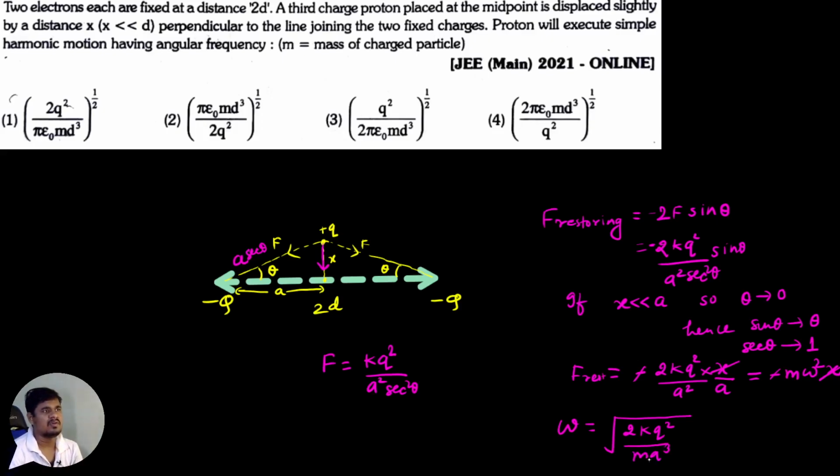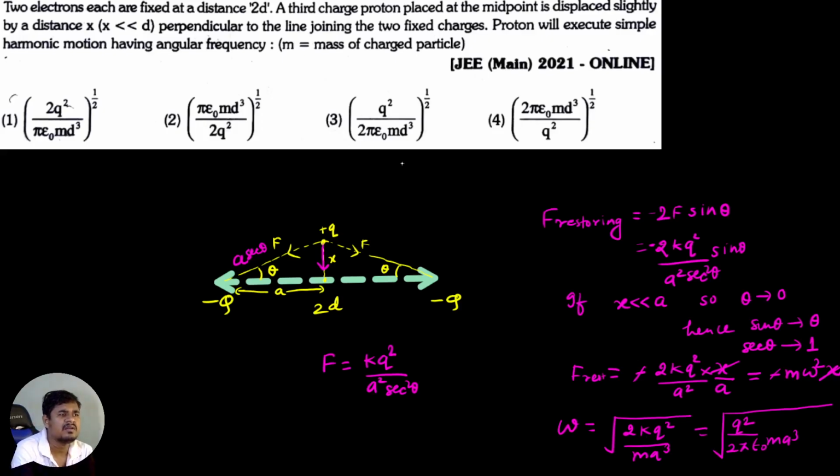So this is omega. So k can be further written as 1 upon 4 pi epsilon naught, and this gives q square by 2 pi epsilon naught m a cube.